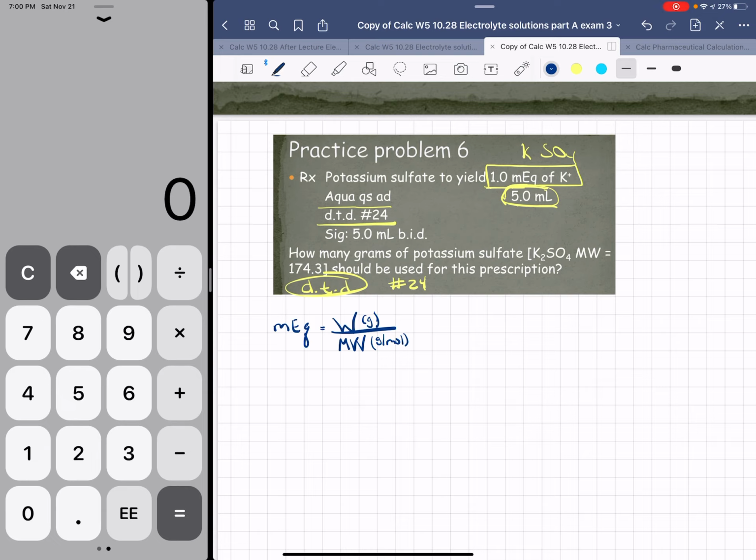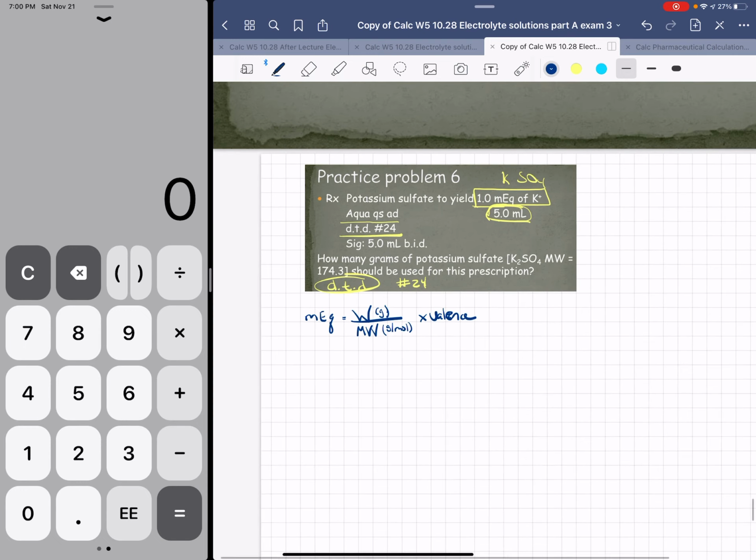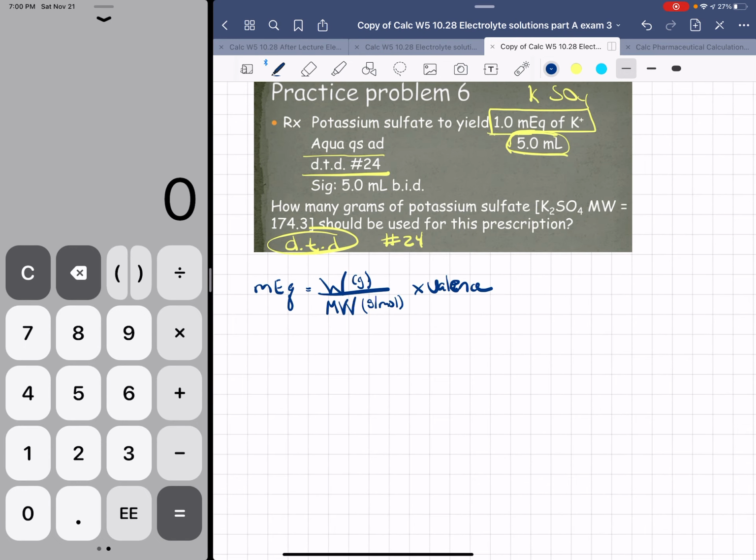So we have milliequivalents is equal to the weight in grams divided by the molecular weight in grams per mole, times the valence. Common ions we are looking for: ammonium, sodium, potassium, and chloride all have a valence of 1. And calcium and magnesium have a valence of 2.